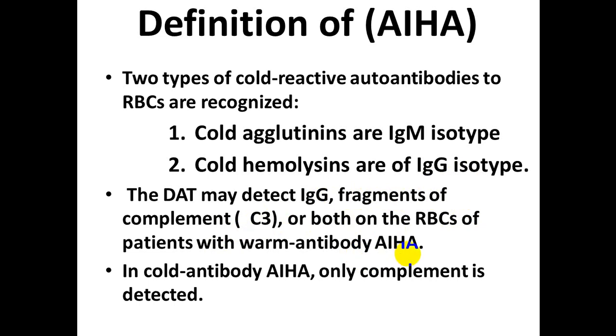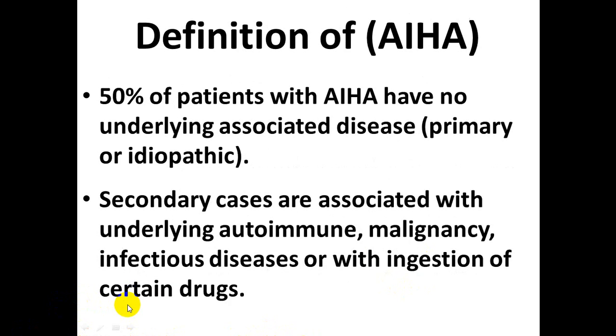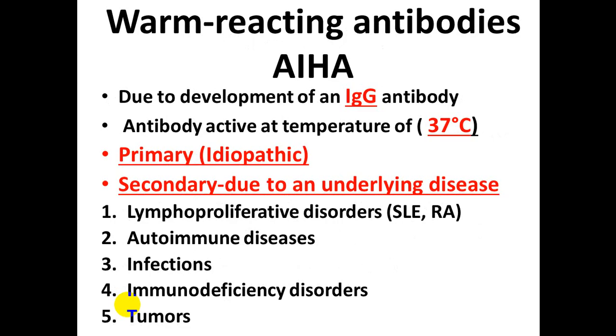In cold antibody autoimmune hemolytic anemia, only complement is detected. 50% of patients with autoimmune hemolytic anemia have no underlying associated disease, which is called primary or idiopathic. Secondary cases are associated with underlying autoimmune diseases, malignancy, infectious diseases, or with ingestion of certain drugs.